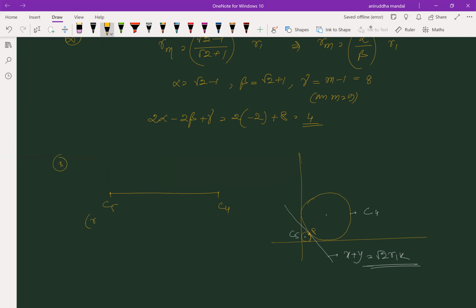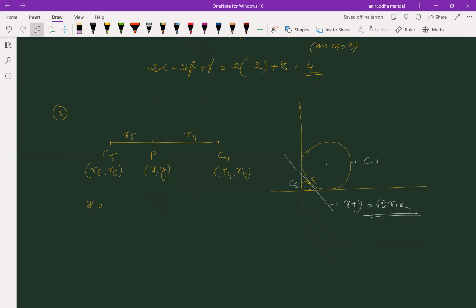So C5 is R5, and this C4 is R4. Now this is the P point, let it be x and y, and this C5P is R5 and this is R4. Now using section formula, we can write R4 into R5 plus R4, and similarly y is also the same. So we can write this P point as x comma y.